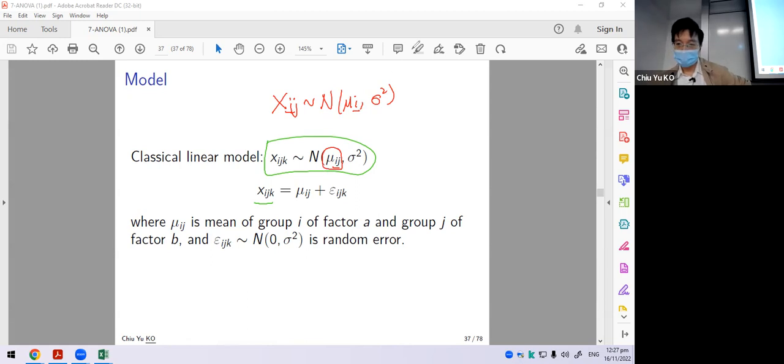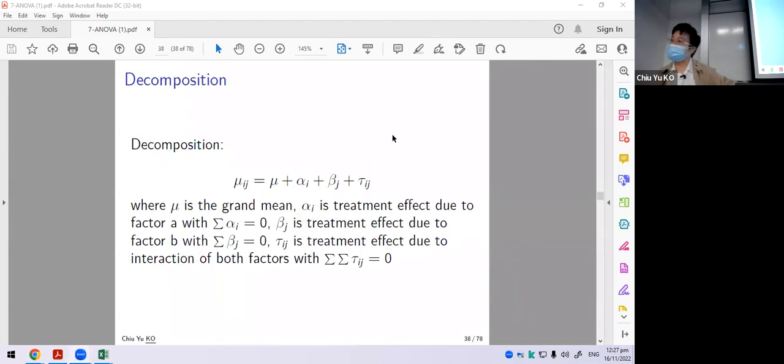So we will take this part and decompose it into 4 different components. That is what comes to the next one. Which means that each group mean is actually the sum of the 4 parts. First one is the overall mean, right?